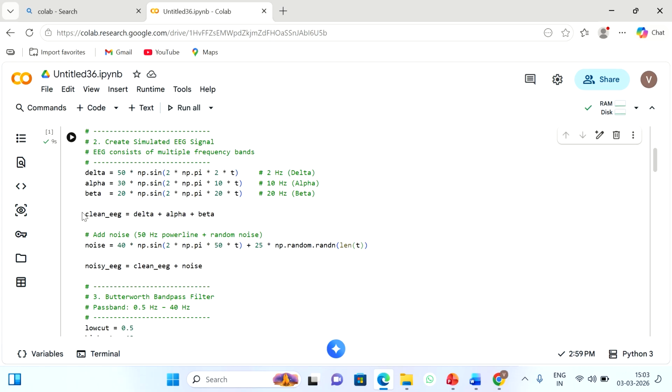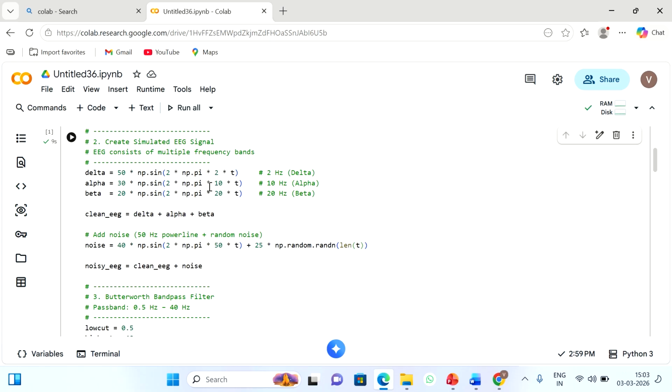Delta is equal to 50 into np.sin(2 pi 2 t). That means for delta the frequency is 2 hertz, where angular frequency omega equals 2 pi f, and f is 2.